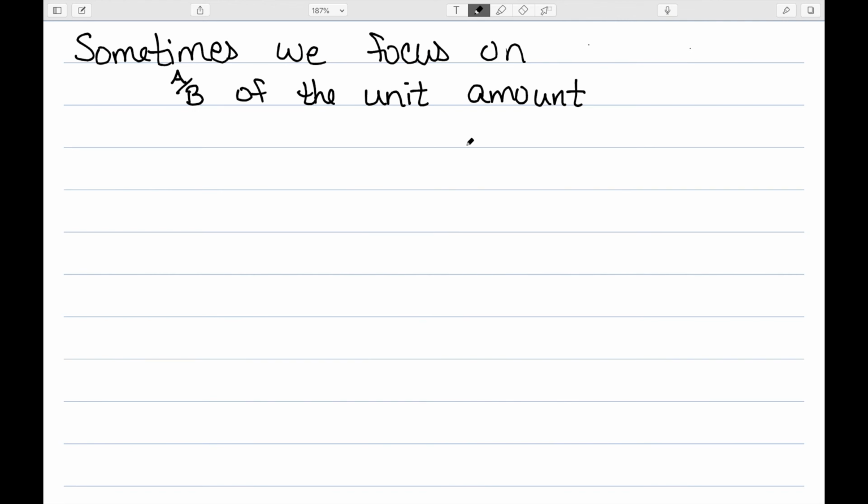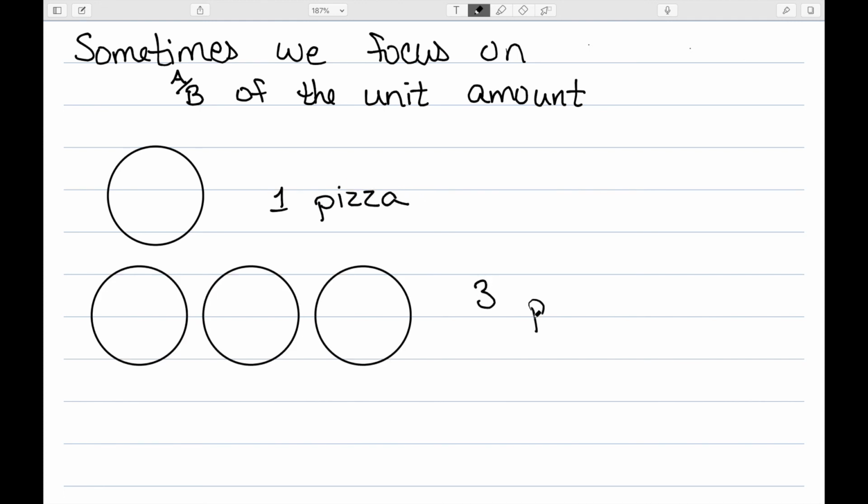Sometimes we may focus on a fraction as a over b of the unit amount. We focus on the idea that a fraction is a number that tells us how much of a unit amount there is. So once again, let's suppose our unit amount is 1 pizza. Then we would think of something like 3 pizzas as having 3 full pizzas.